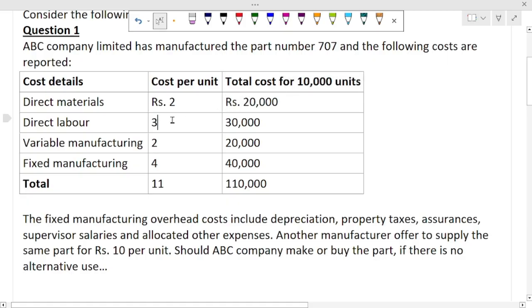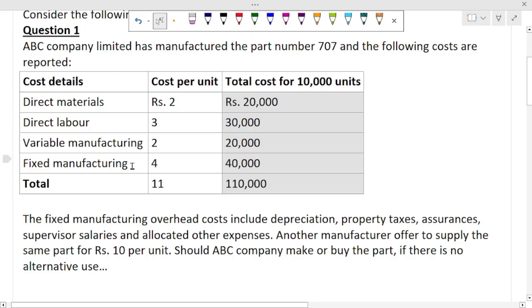I should have added the currency in this other one, but no problem. 3 rupees multiplied by 10,000 units will give you a total of 30,000 rupees. You get the idea. If you have nothing here and you want to fill it in, this multiplied by this gives you what you have here. Are we following?